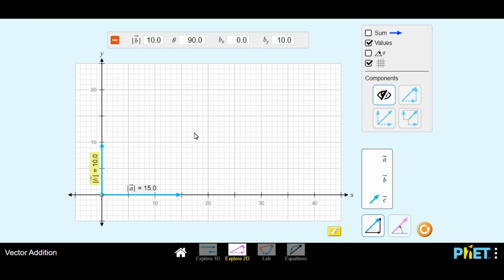So we will get the resultant, and then we can use a ruler to measure the length of the arrow. Let me show the arrow.